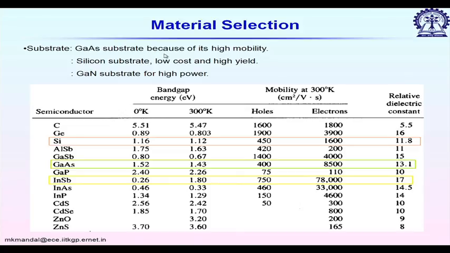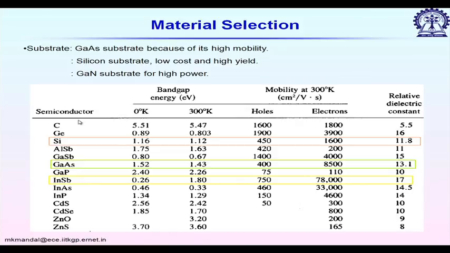Gallium arsenide substrate is used because of its high mobility. For silicon substrate, the fabrication procedure is very low cost and also high yield. So, for the consumer market, silicon substrate is very popular. Gallium nitride substrate is mainly used for high power applications, but their high frequency application is limited. Typically, they are used below 30 or 40 gigahertz.